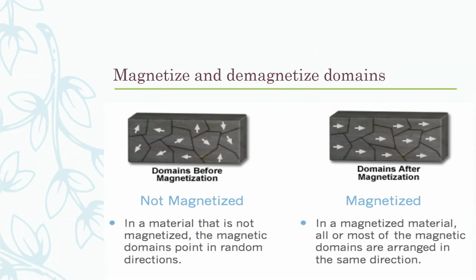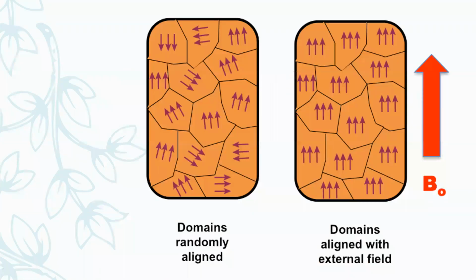So, in a material that is not magnetized, the magnetic domains point in random directions. In a magnetized material, all or most of the magnetic domains are arranged in the same direction. You can see in this figure that all the atoms are arranged in a specific direction. Come towards this diagram, this is the structure of a magnetic material.